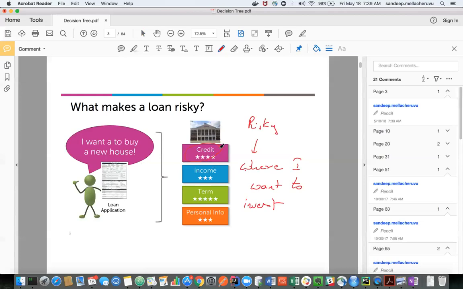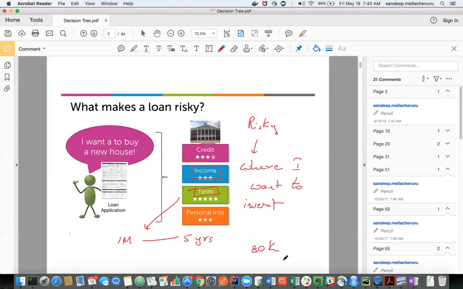One is credit, which is your credit history, your income details, the term of your loan. Again, if I ask for a $1 million loan and I keep the term as only 5 years, there is a high chance that I'll miss it because my salary is only, let's say, 80K.